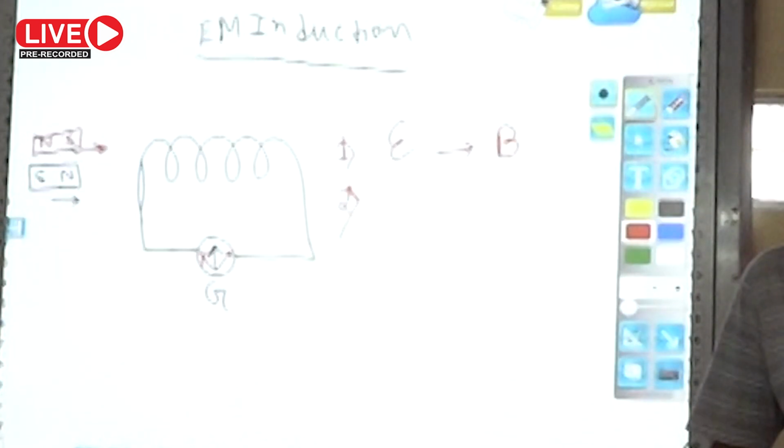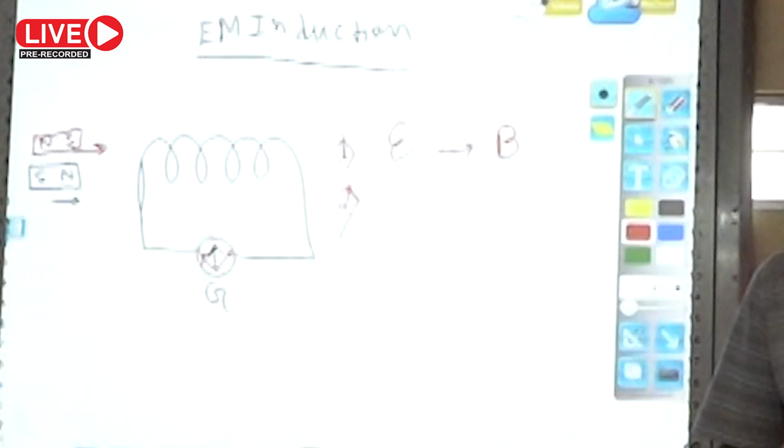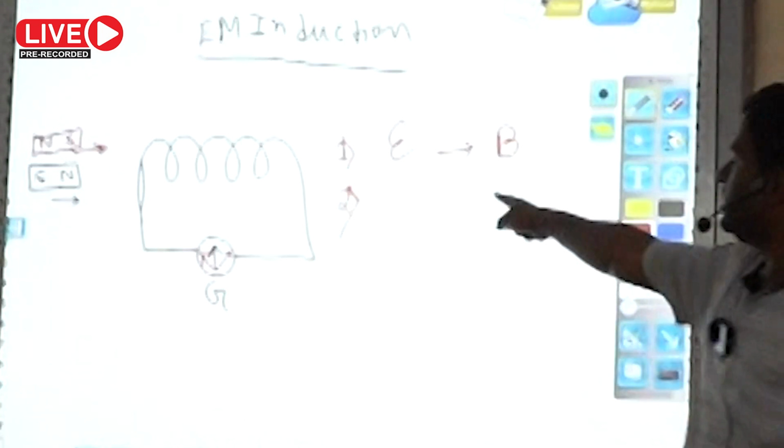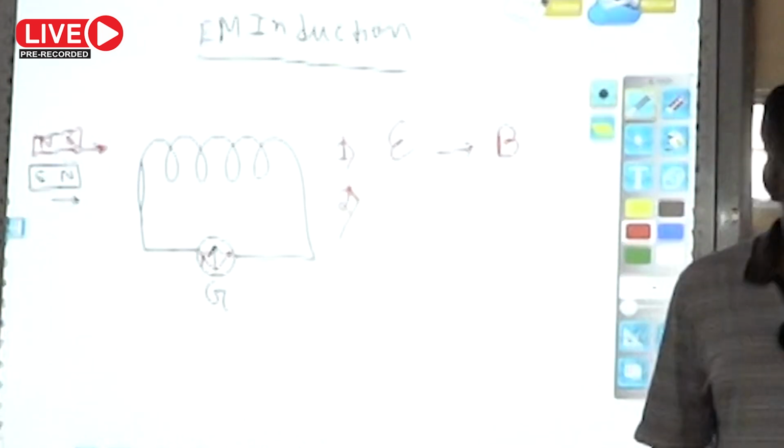Okay. Next. See, if Faraday changes the number of turns of the coil, then also current will be induced. Because a change in the number of turns means the area will actually change. Previously, 4 turns will include some area.